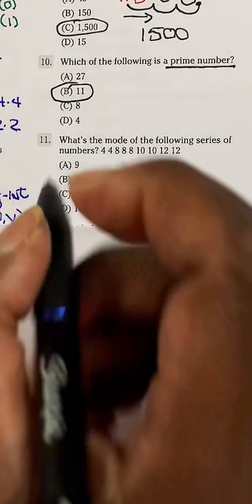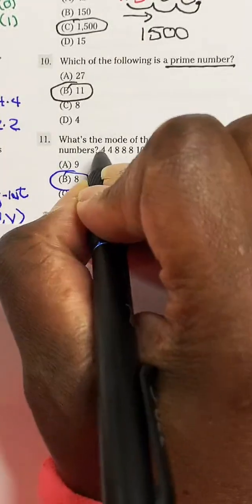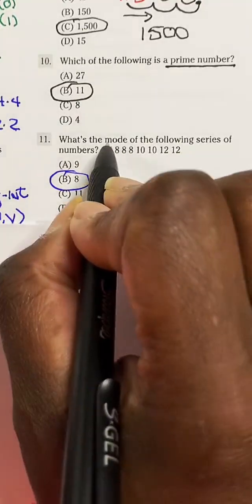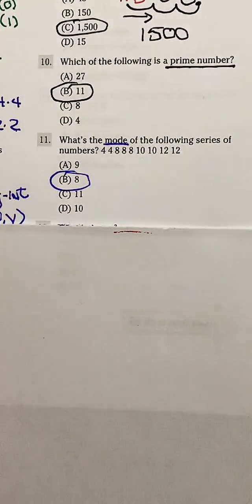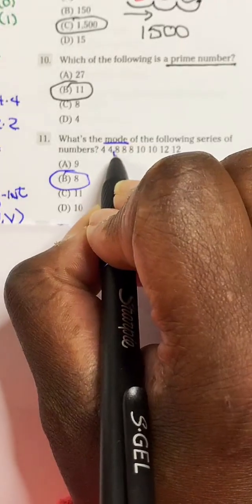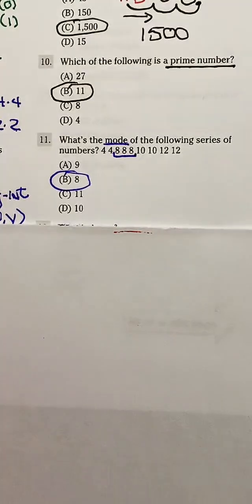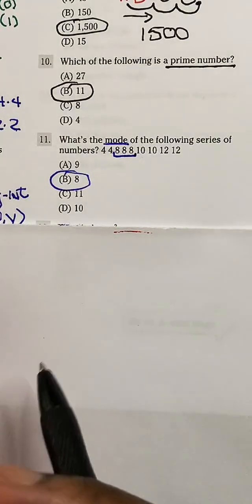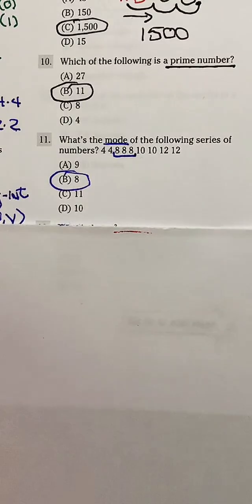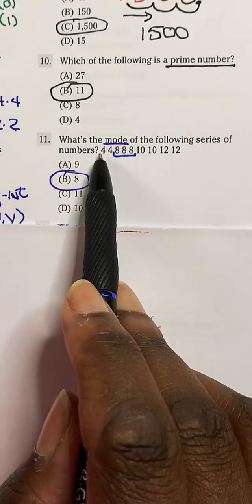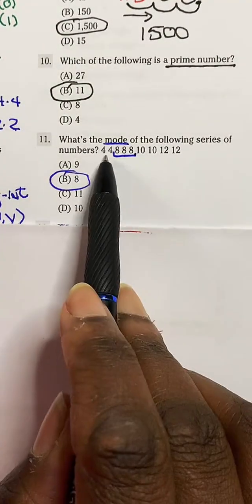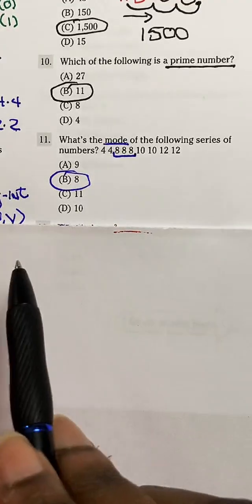Yes, so the answer is B, 8. If I count, mode is the most frequent number. So 8 is appearing 3 times. The other measures of central tendency are mean and median. Mean is when you add up all the numbers and you divide by how many individual numbers there are.